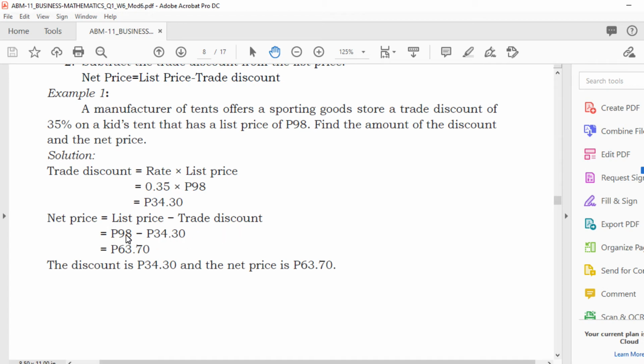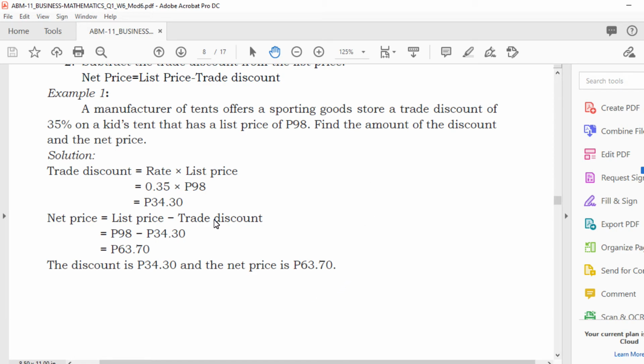Ang list price natin ay given na is 98. So, 98 minus 34.30, which is the trade discount, is equals to 63.70. So, the discount is 34.30 and the net price is 63.70.